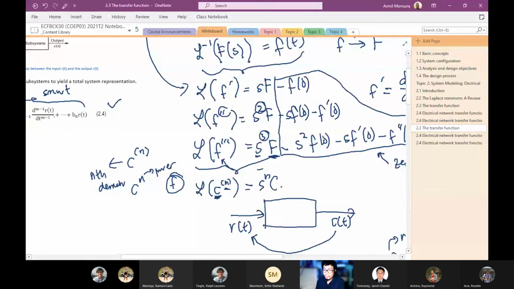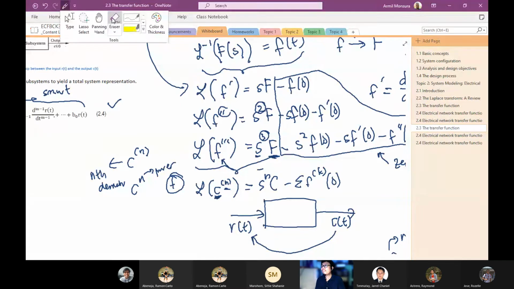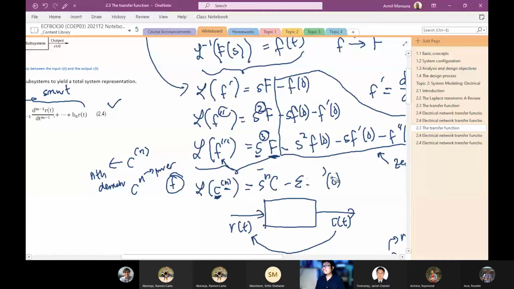So, tapos minus yan ng mga terms that pertain to the initial conditions. Mali yung expression ko. Ulit.